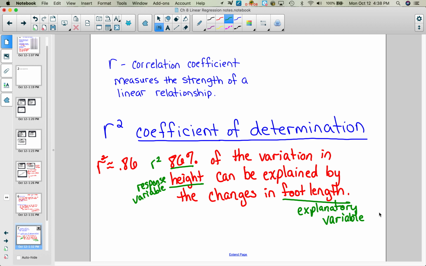And that is how you interpret the coefficient of determination in context. These little places where I drop the green lines, you're going to drop the context into that problem. So R squared percent of the variation in the response variable can be explained by the changes in the explanatory variable, and you put the context in. And then you will always have that interpreted correctly.